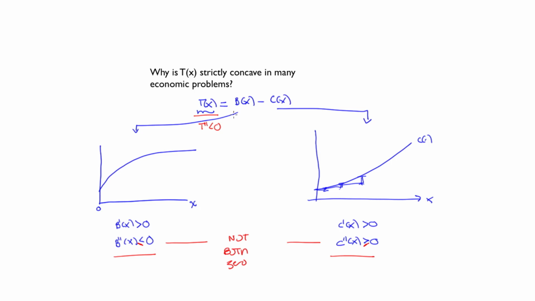We know that the second derivative of the benefit is going to be less or equal than 0 by this assumption. We know that the second derivative of the cost is going to be greater or equal than 0 by this assumption, but there is a negative sign there. So that means, given that not both of them are 0, this is less than 0, i.e., it is strictly concave.